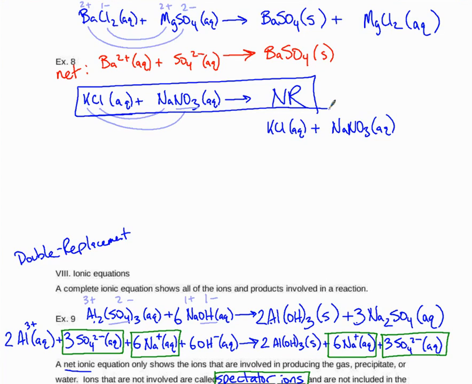But you could write the complete ionic equation if it were requested. I mean, it would be a lot of work, a lot of writing, and you wouldn't get much out of it. But it could be done, and really it would look like this. I'll just write it quickly so you can see it.